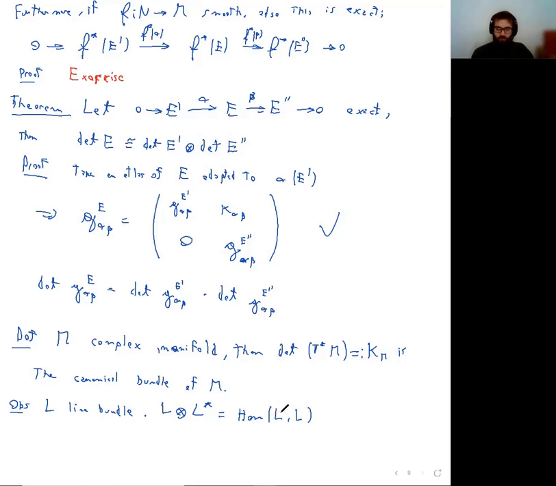In general, homomorphism from E to F is E star times F, no? But this object here admits a global section. And which one is the section? Well, homomorphism from L to L, you just send x to the identity over x of L_x.